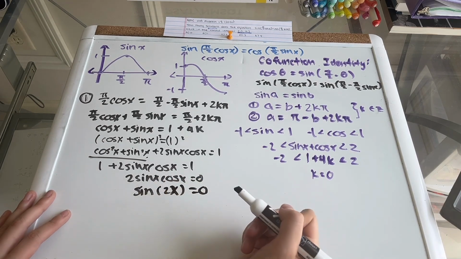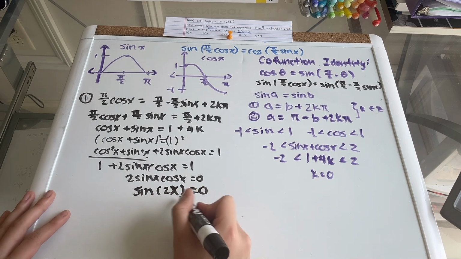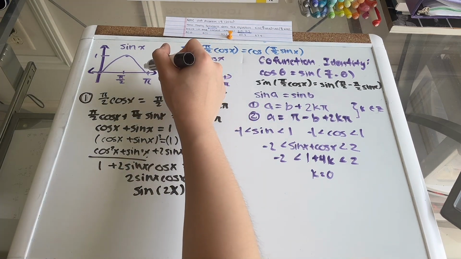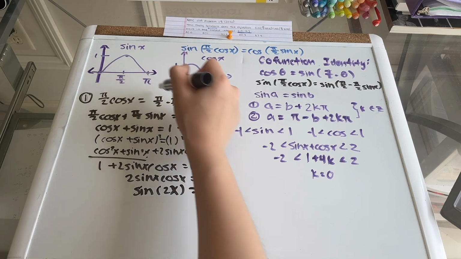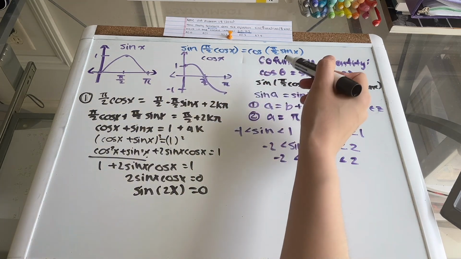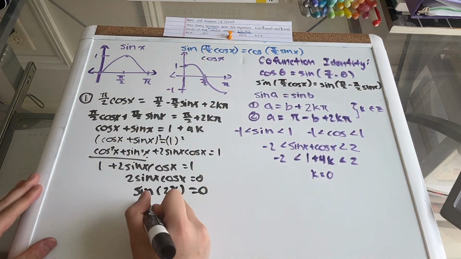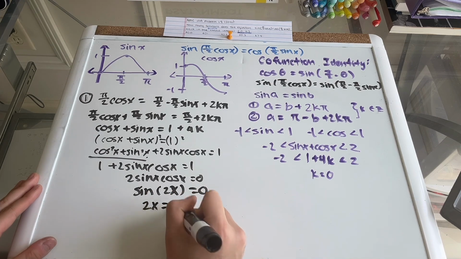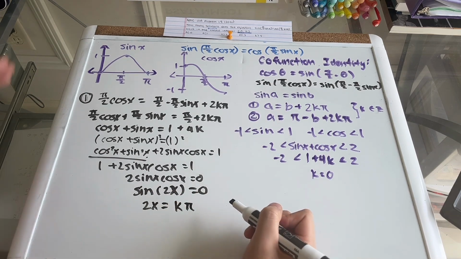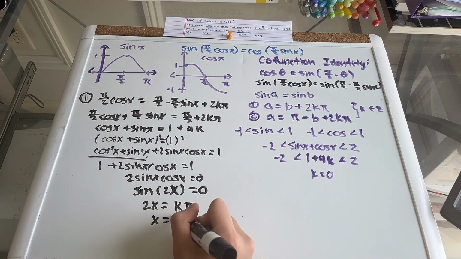And since this is equal to 0, what part of sine is going to be equal to 0? Well, that is where it equals pi or 2 pi or 3 pi. So 2x is going to be equal to k pi. We got this from looking at the sine diagrams. And then x is going to be equal to k pi over 2.